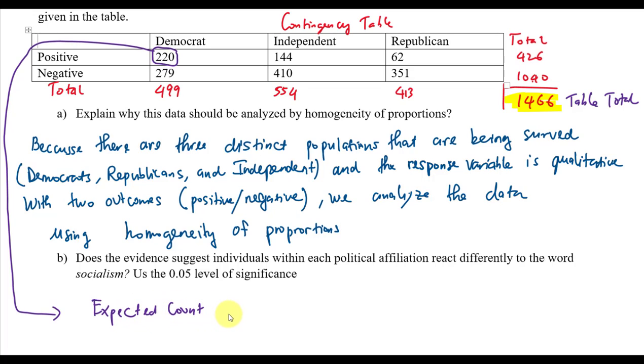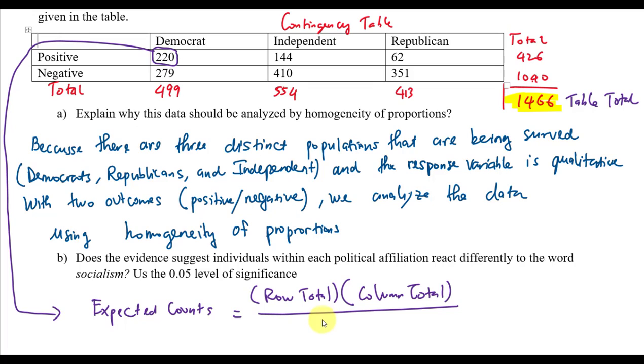I can do this using the formula: the row total multiplied by the column total, divided by the table total.